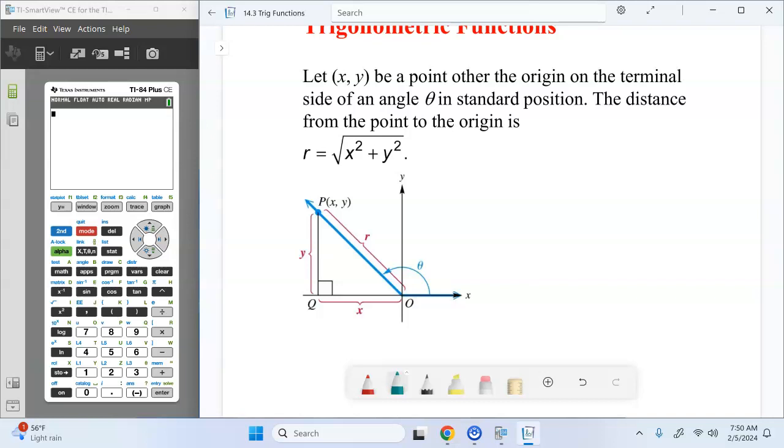And so what we're doing is we're looking at a specific point on the coordinate grid. Any point in the coordinate grid, (x, y), other than the origin. And we're going to say that that point is on the terminal side of an angle in standard position. Terminal means that's where it ends, that ending side.